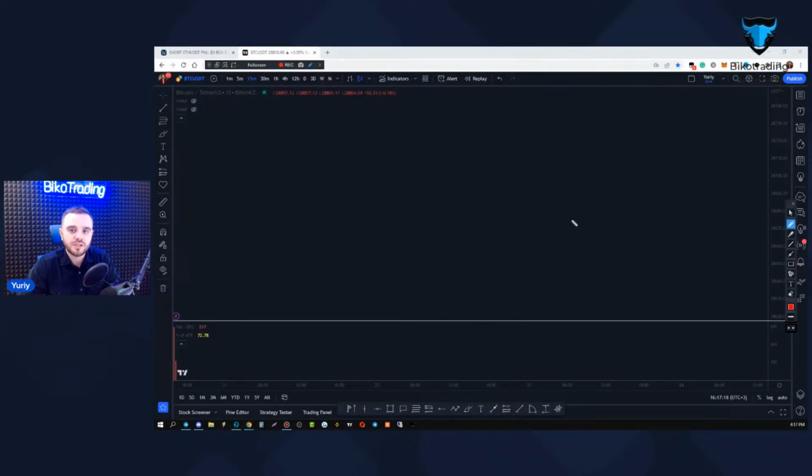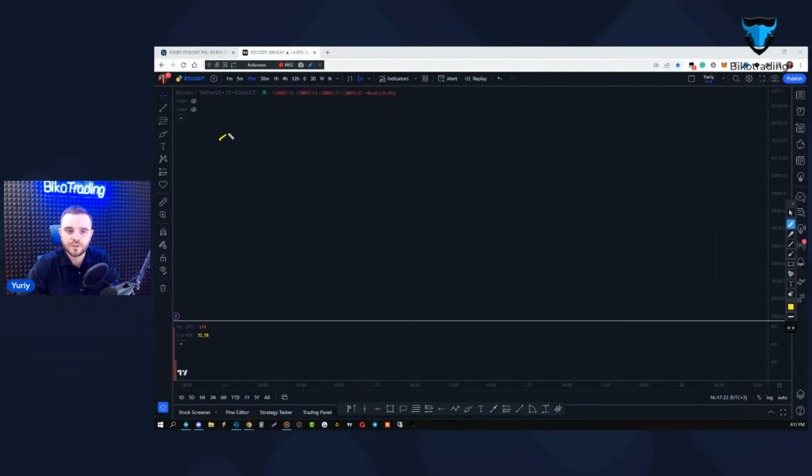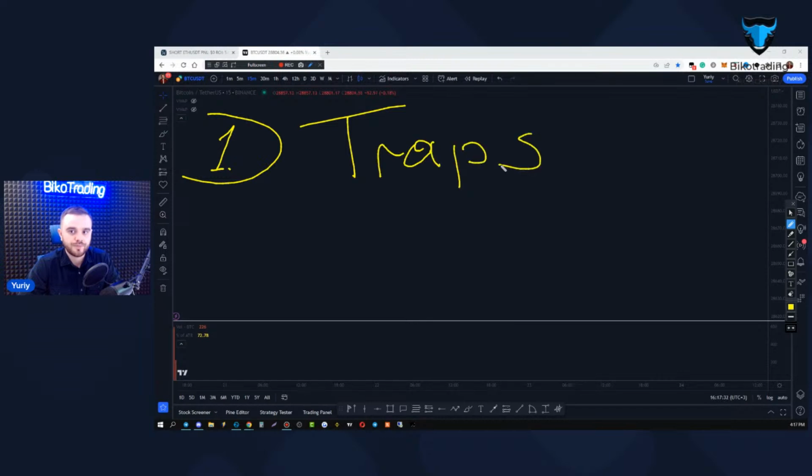I personally use delta in three cases. The first case is to identify traps. The second case is to identify stop loss hunts.